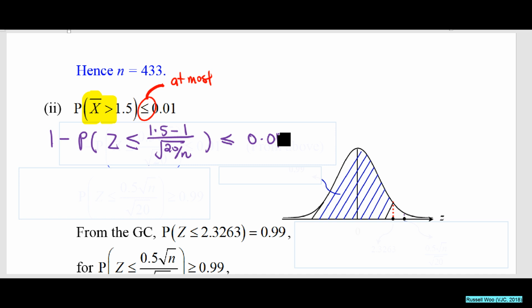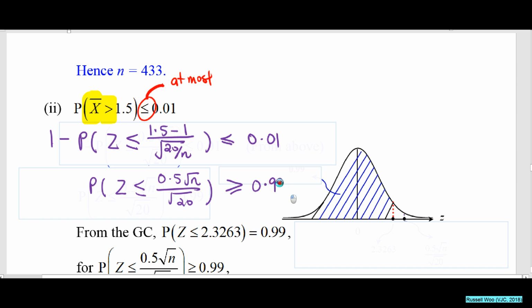We have done it in part 1. Exactly the same. It's just that this time it is an inequality. So, which means probability z smaller than or equal to 0.5 root n divided by root 20 is greater than or equal to 0.99.